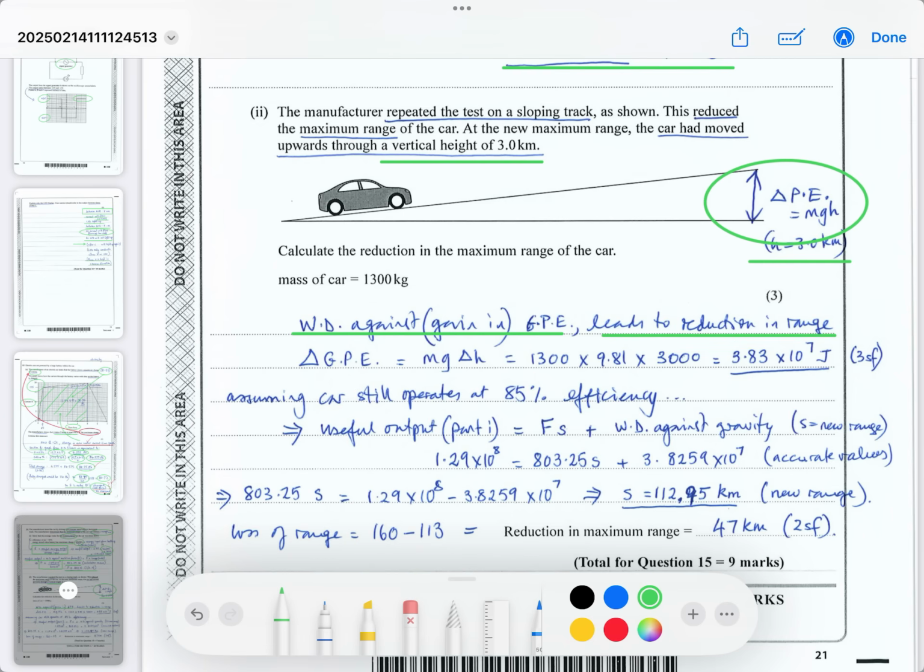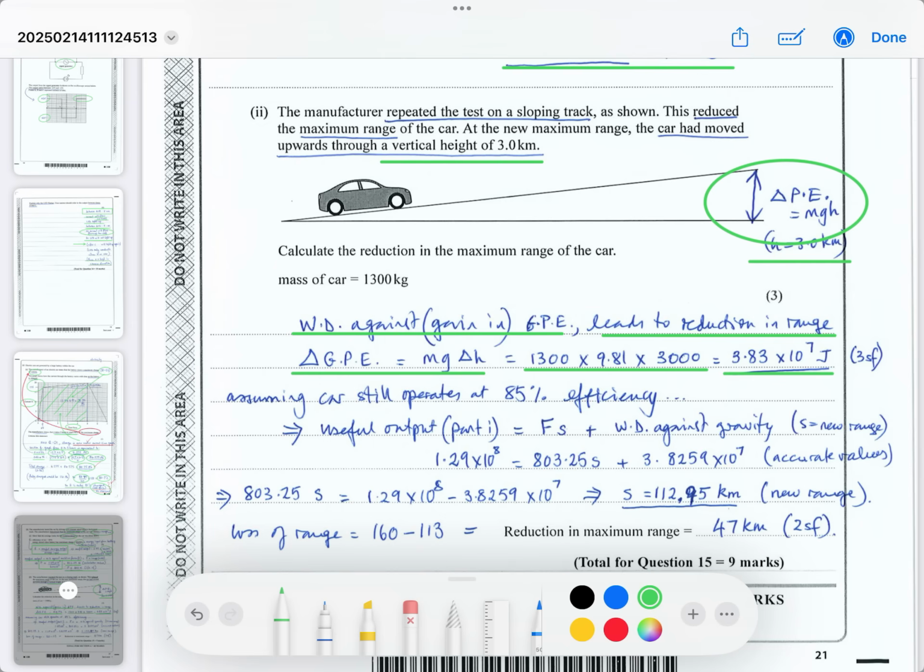Yes, that's the concept. The change in the gravitational potential energy, therefore it comes from the output of the battery, is 1,300, which is the mass of the vehicle they're given, times the gravity, times the increase in height, and that's how much of the energy has gone into taking it up, a total elevation of 3 kilometers. That's quite high.